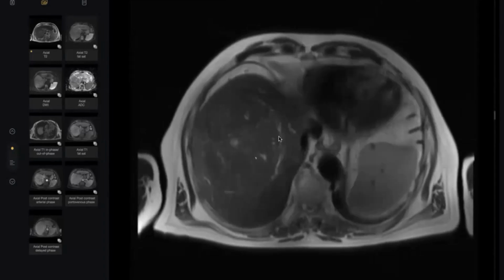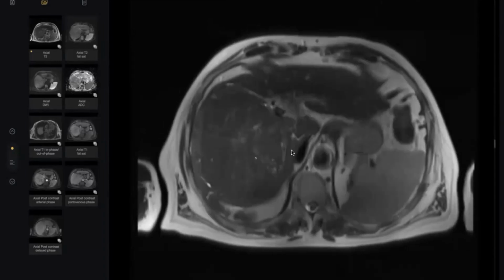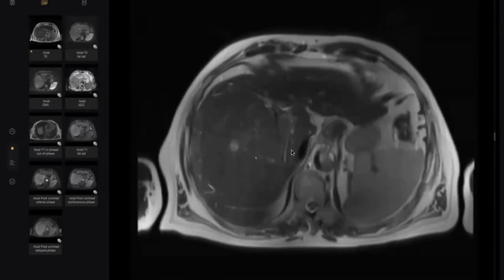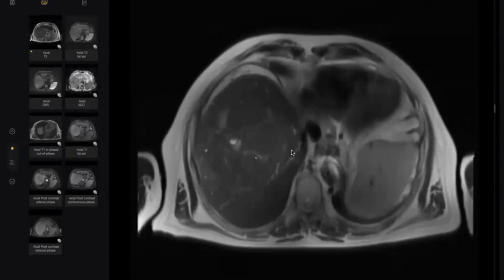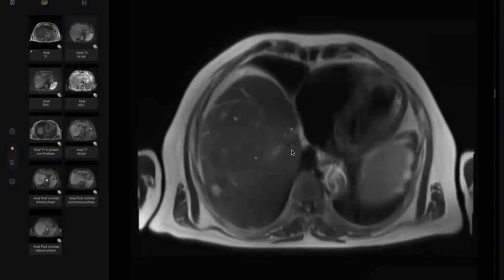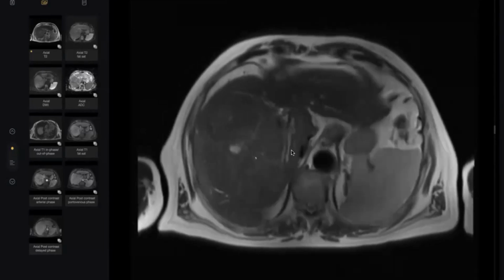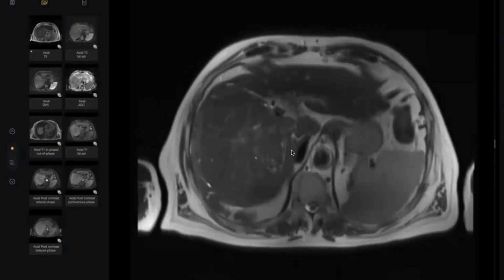This lesion is iso-intense and splaying the vessels with central hyperintensity.